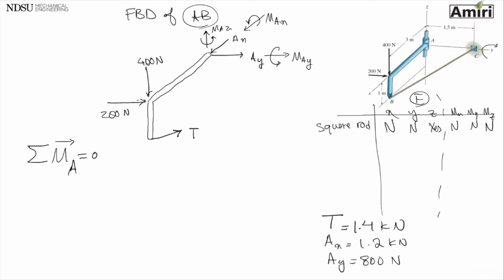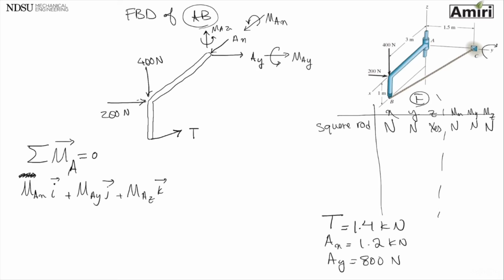I have moment AX I. Sorry, it doesn't need vector. Plus moment of AY J plus moment of AZ K. So these are my three unknowns that I've already put at point A. AX, AY, they don't generate any moment.